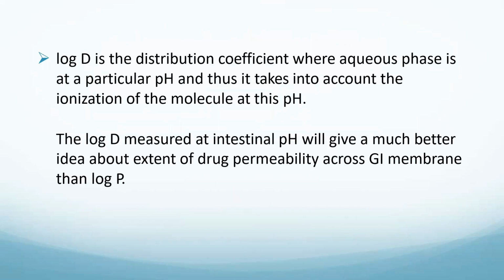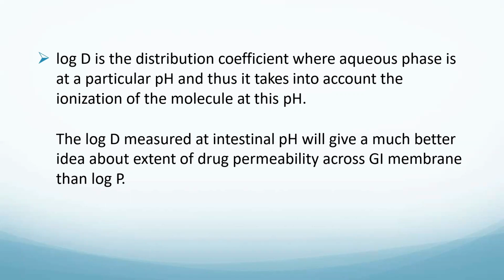In partition coefficient, we know the ratio of how much of the drug partitions into the water phase and how much partitions into the octanol. For example, if the drug partitions equally between both the phases, that is water and octanol, then P is equal to 1.